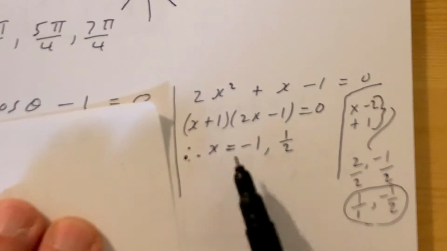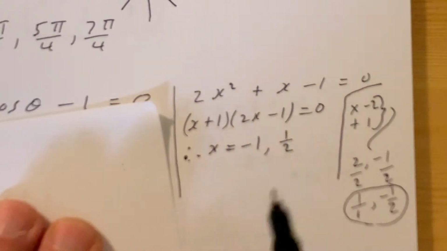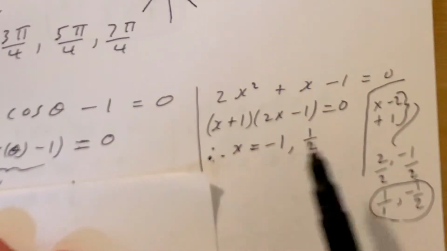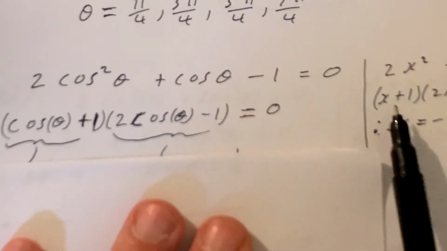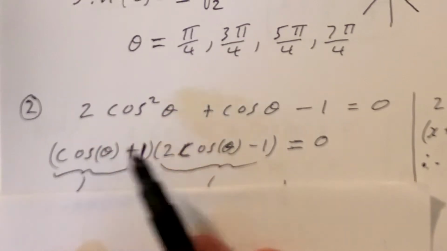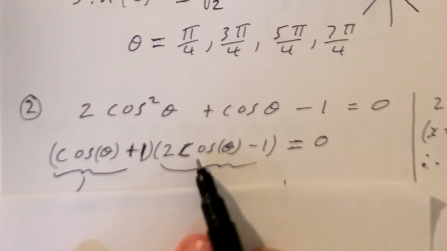Okay? So the solutions then would be x equals negative 1 and x equals 1/2. Same thing over here. So if you can factor this way, then you just transfer it over here. So instead of x plus 1, it's cos theta plus 1, because cos theta is now our x. And then 2x minus 1 becomes 2 cos theta minus 1.